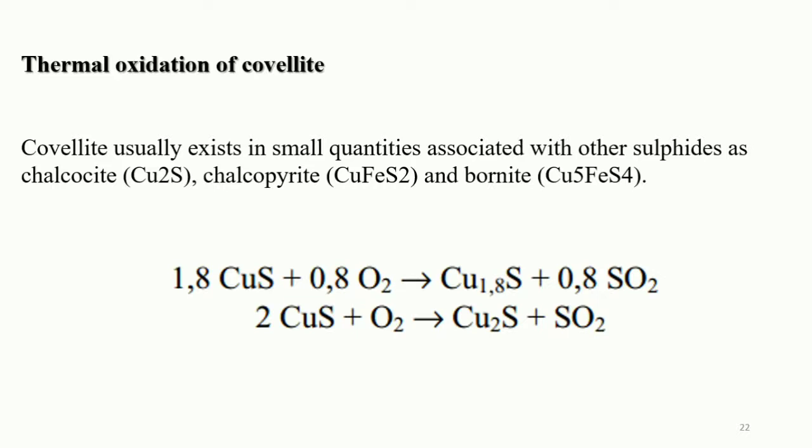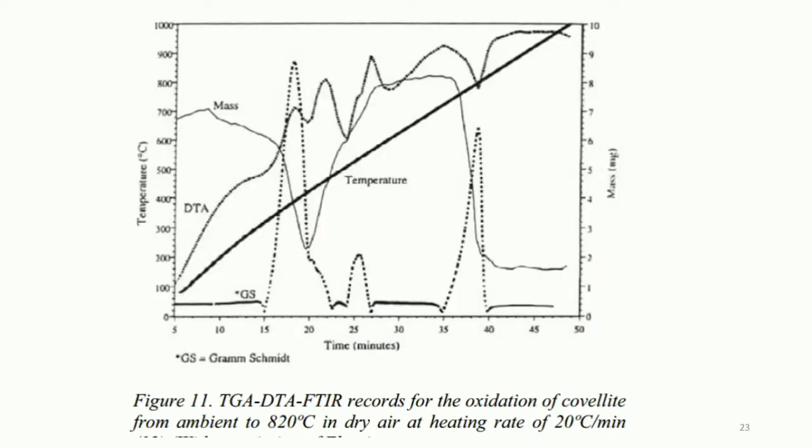Some scientists carried out the TG-DTA test with covellite samples at 20 degrees Celsius per minute in dry air. These are the TG-DTA curves of covellite. They analyzed the evolved gases by use of coupled FTIR equipment.